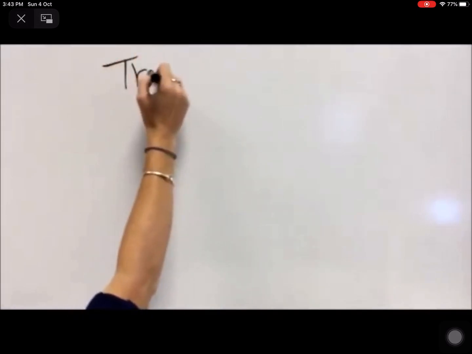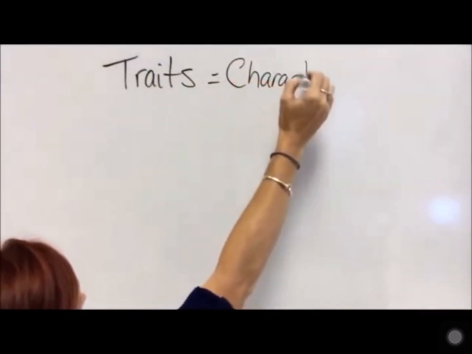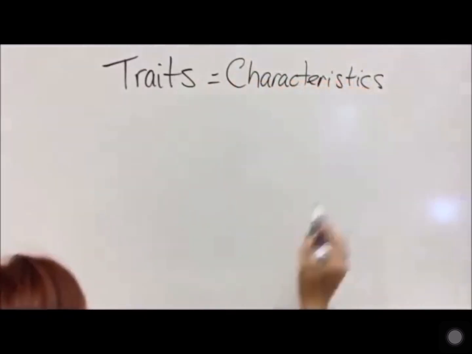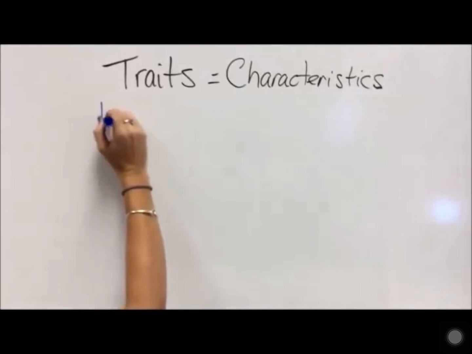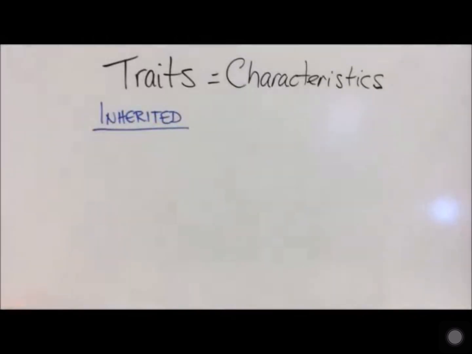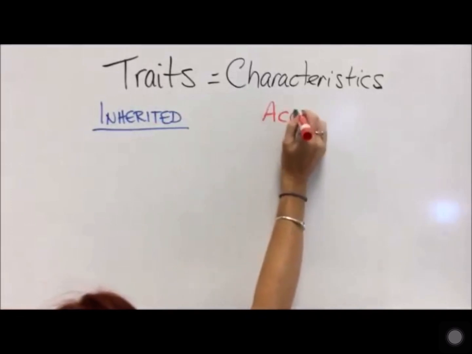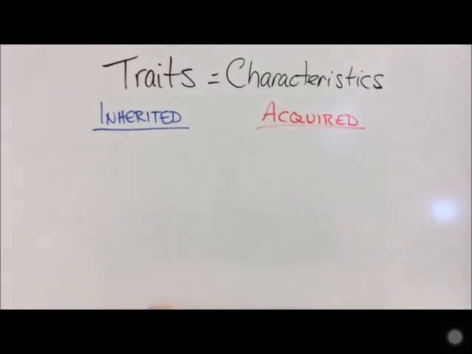Let's take a few minutes to talk about traits. Traits are characteristics. So when geneticists talk about the traits of humans, they're just talking about the things that make you you. There are two types of traits: inherited and acquired traits.